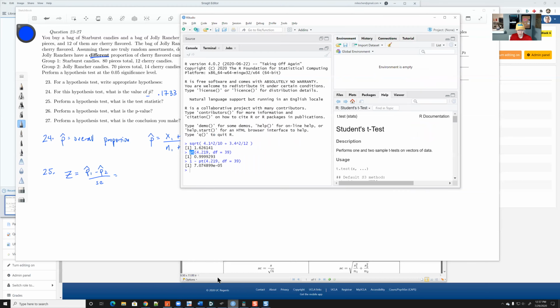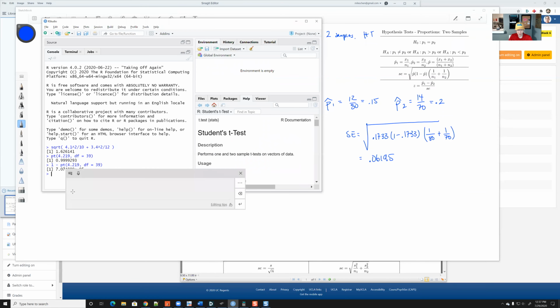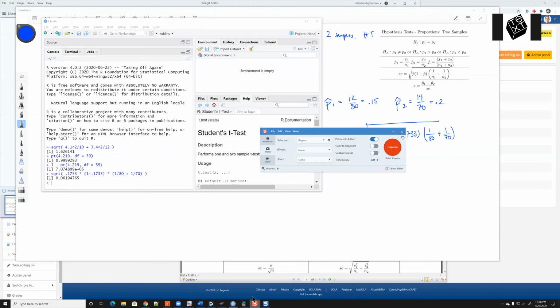If you wanted to do this in R, I've got it written out: 0.1733 times 1 minus 0.1733, and with R you have to put in the multiplication sign, times 1 over 80 plus 1 over 70. This gives us the same number.